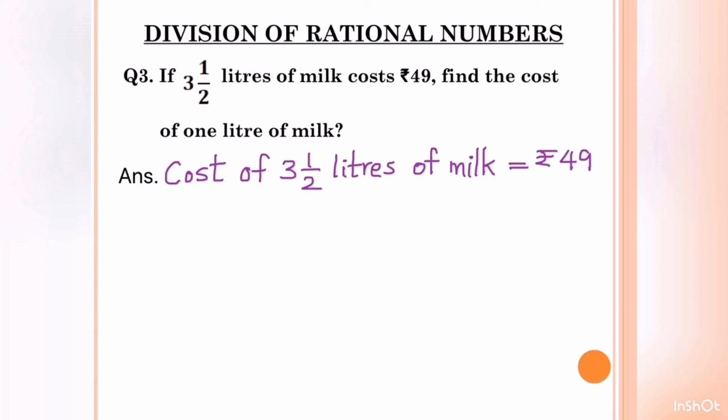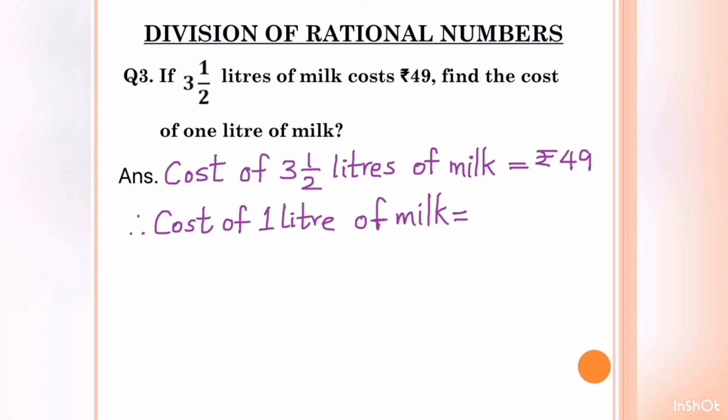We need to find the cost of 1 liter of milk. Therefore, cost of 1 liter of milk will be equal to rupees 49 divided by 3 1 by 2.